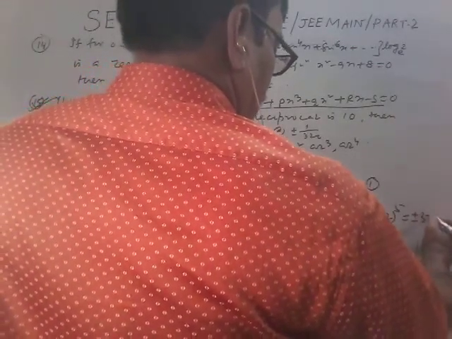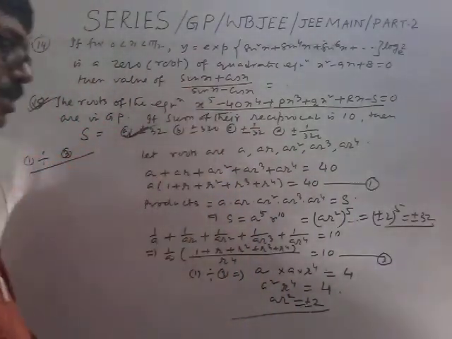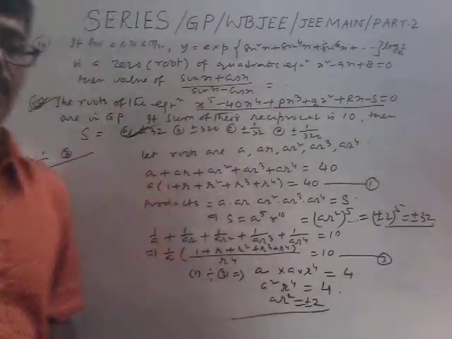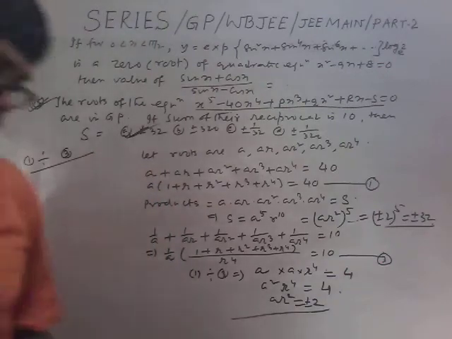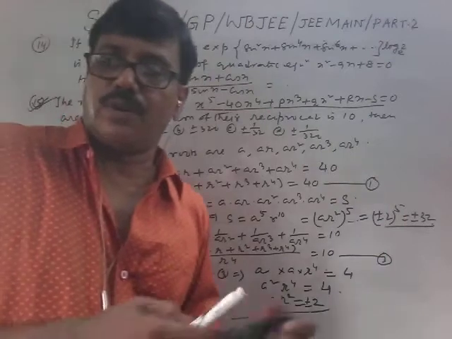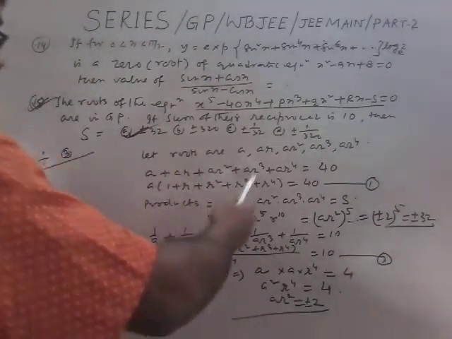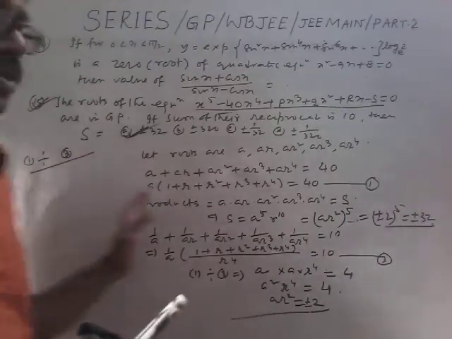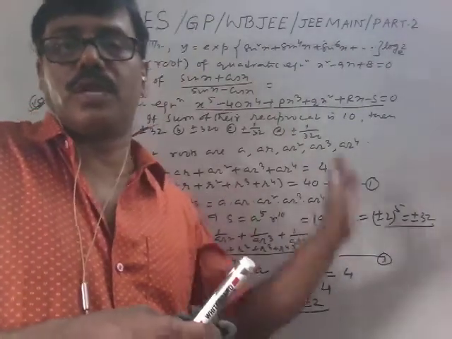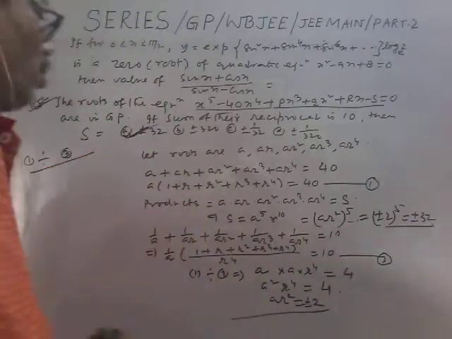So plus or minus 32. So this is the correct answer. So this is also an important problem and simple also, if you know the sum of roots, product of roots, taking 2 at a time, taking 3 at a time, and taking 4 at a time.